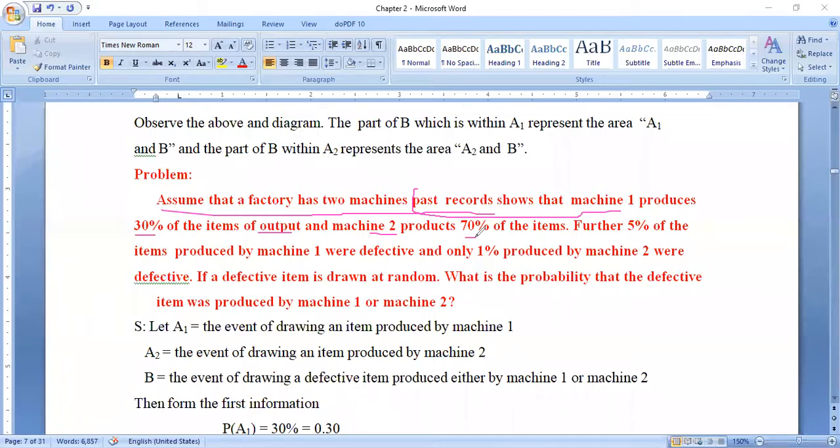The next, further 5% of the items produced by machine 1 were defective. Even though machine 1 produces 30% of the output, it also produces defective items, that is 5%, and only 1% of those produced by machine 2 were defective.